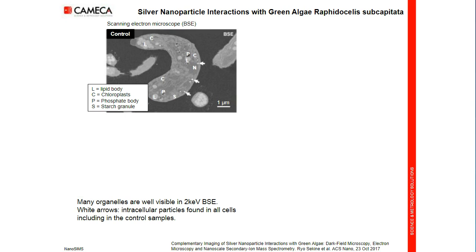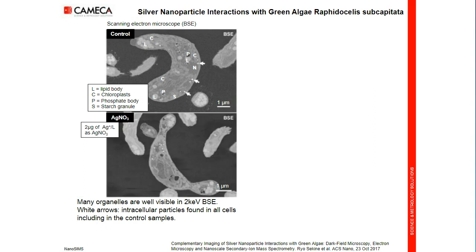Some of the organelles are indicated: the lipid bodies, the chloroplasts, phosphate bodies, or starch granules. Note also marked with arrows, intracellular particles always present in the experiment, which may be a part of the metal sequestration process.